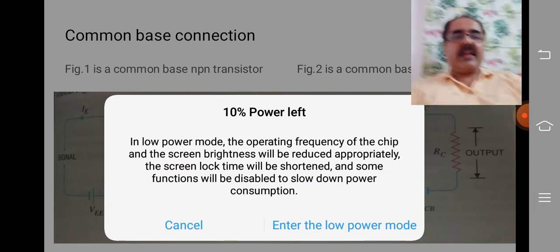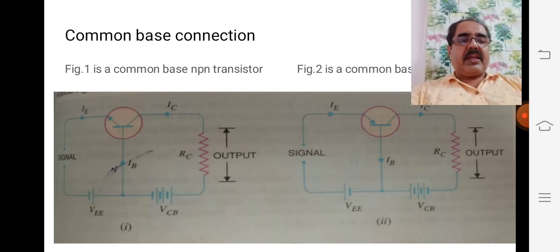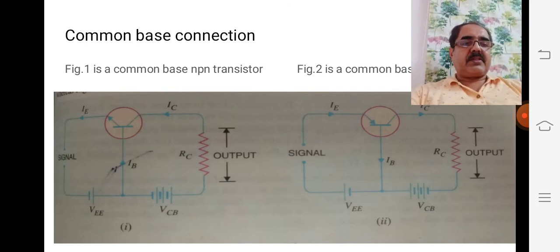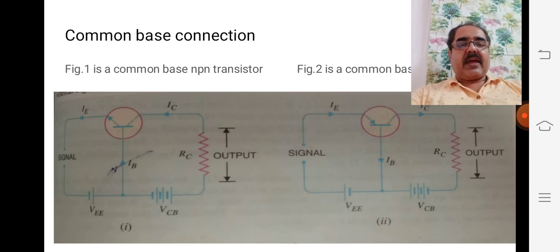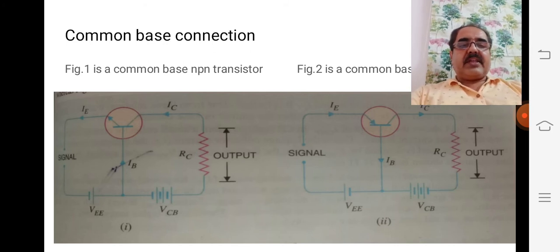In this circuit arrangement, input is applied between emitter and base, and output is taken from collector and base. Here the base of the transistor is common to both input and output, and hence its name becomes common base connection, as we see in figure 1.